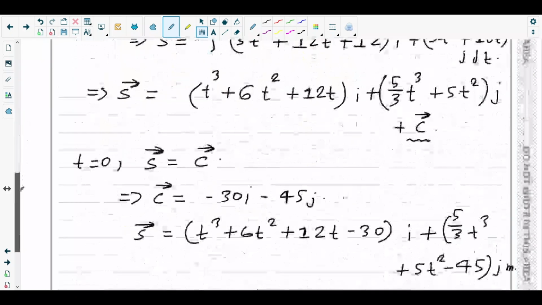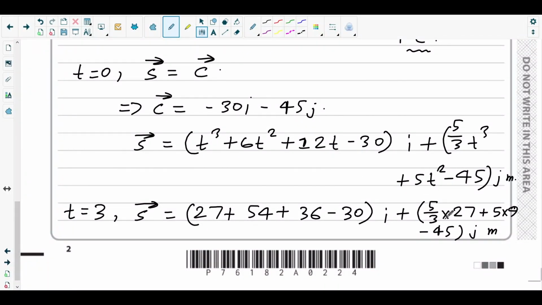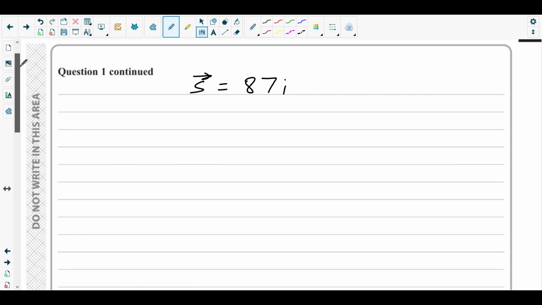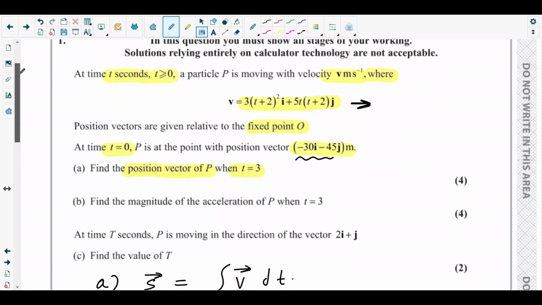The j component: 27 over 3 is 9, 9 times 5 is 45, so 45 plus 45 is 90, 90 minus 45 is 45. So positive 45j, that much meters. That's the position vector of the particle P at time t equals 3 seconds. That's the answer for part A.